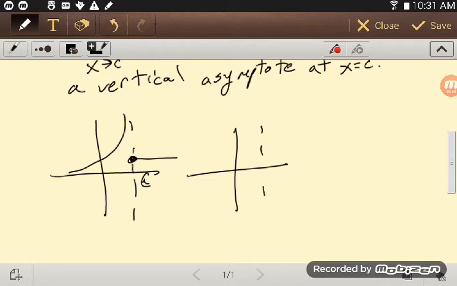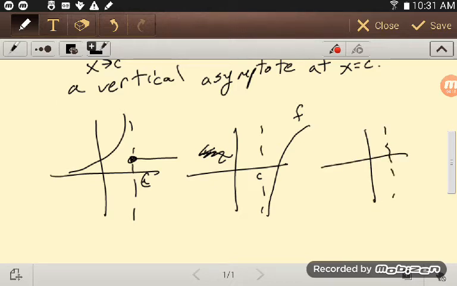Similarly, if we have something like that, the function may not even be defined over here, then again we have an asymptote at c, because at least one side is heading toward negative infinity in this case, and then of course they could both do it, but they don't have to be in the same direction.